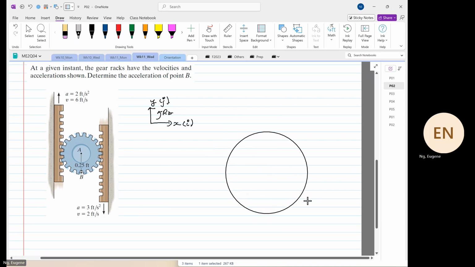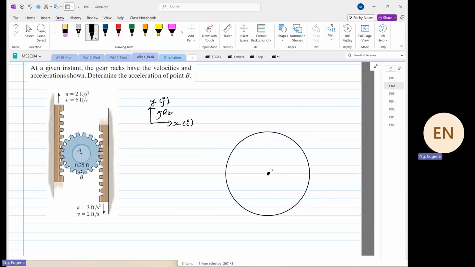So we know that this is point A, and we want to find what is going on at point B. But we are given that we have an acceleration and velocity going down this way.